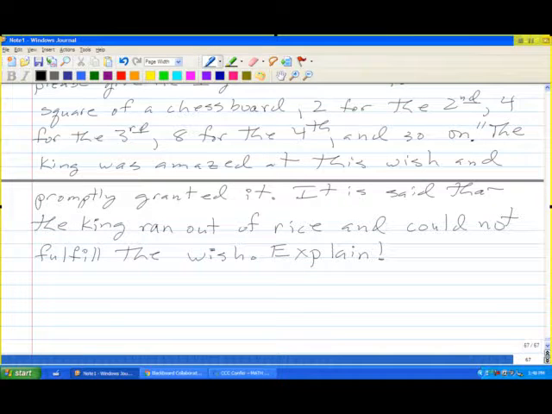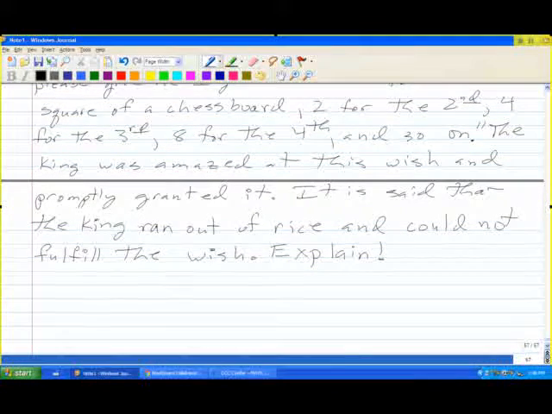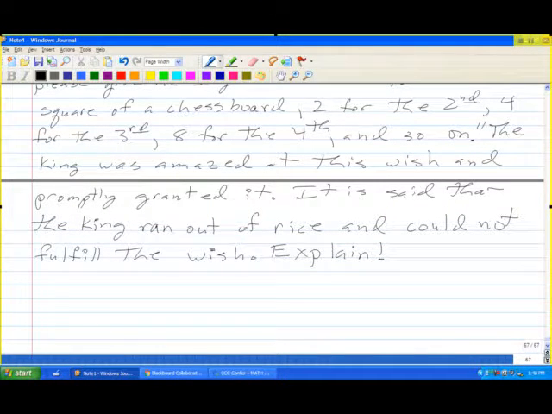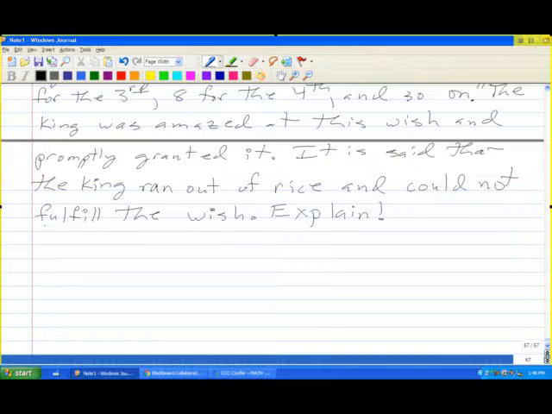So every time he was just doubling the previous amount on the square. And so this is just going to be some geometric sequence. And then he asked for all of them, so he wanted to add them all up. So it was 1 grain, 2 grains, 4 grains, 8 grains, etc. Okay, so that's not too bad.